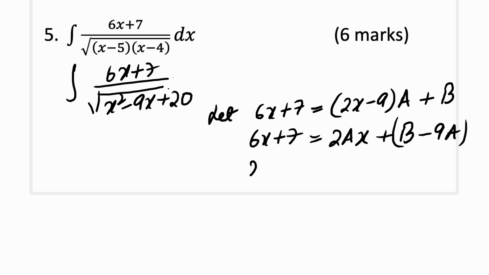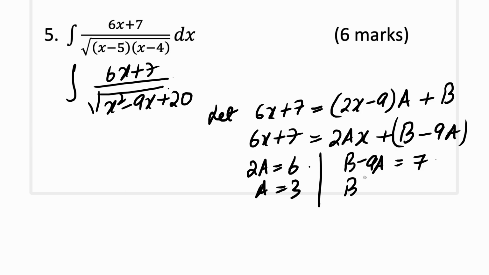So 2a is equal to 6, that means a will be equal to 3, and b minus 9a is equal to 7, and 9 times 3 is 27, so b minus 27 is equal to 7, so b is equal to 34.